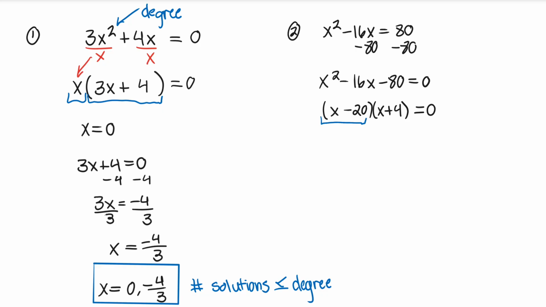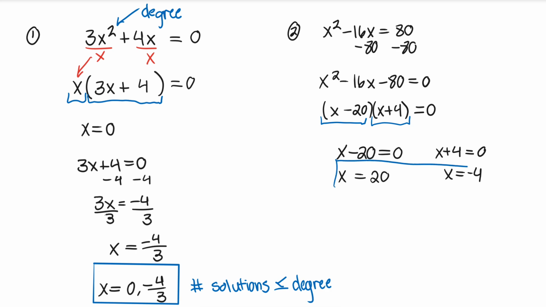I have an x minus 20 and I have an x plus 4. So I'm going to set each one equal to 0 and solve for x. So I end up with two solutions. x can equal 20 or x can equal negative 4.